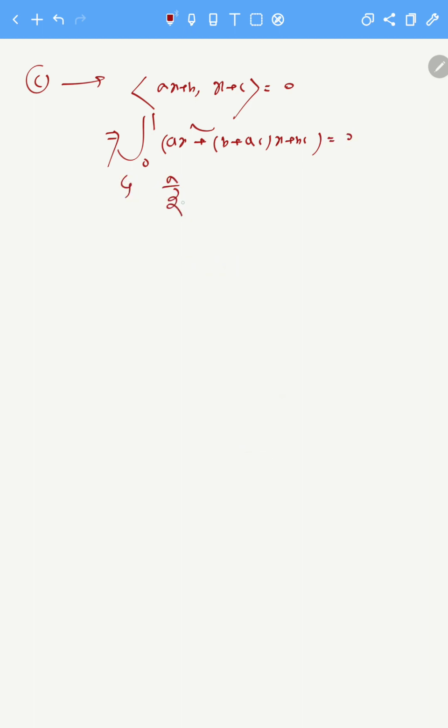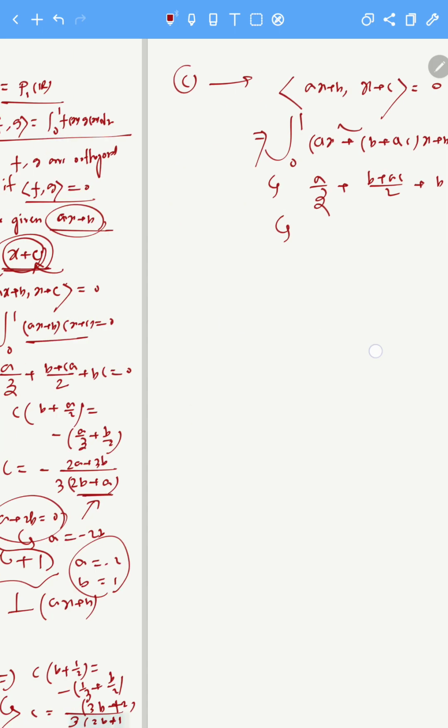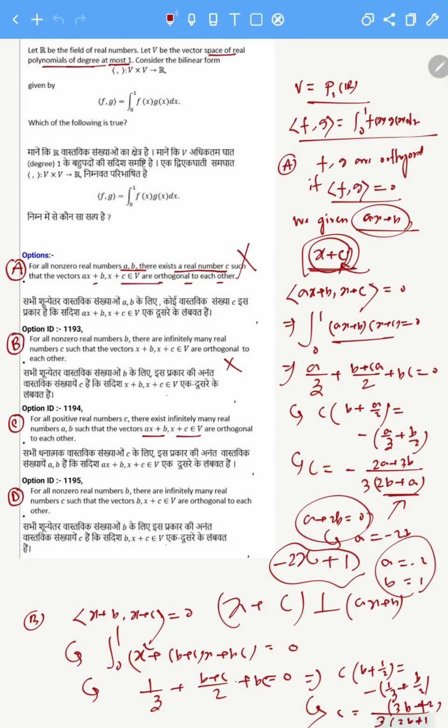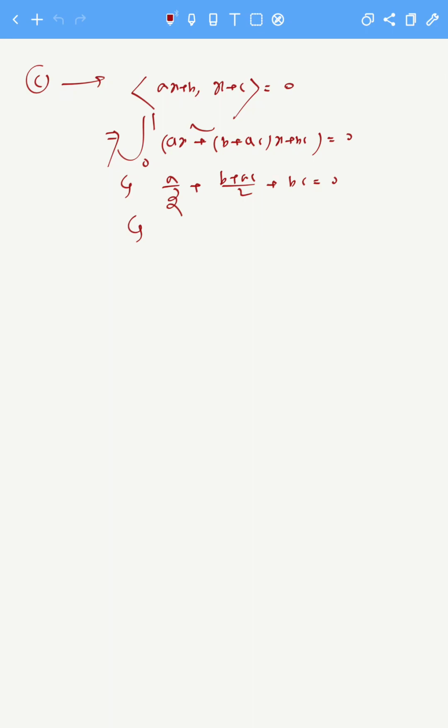This implies a over 3 plus (b plus ac) over 2 plus bc equal to 0. Let's read the question once more: for all positive real numbers c, there exist infinitely many real numbers a, b such that ax plus b and x plus c are orthogonal to each other. Mind it, this c is positive and given. For this x plus c we have to find whether there exists ax plus b so that these two are orthogonal to each other.